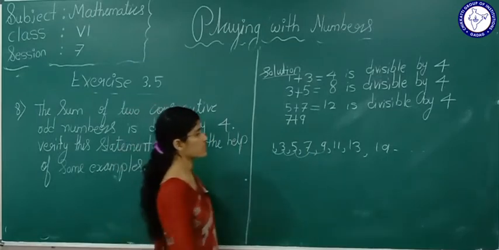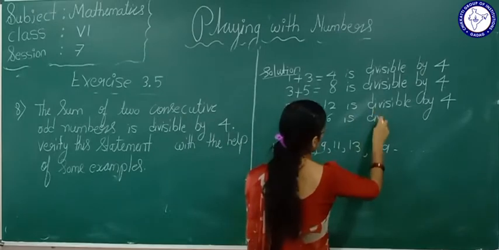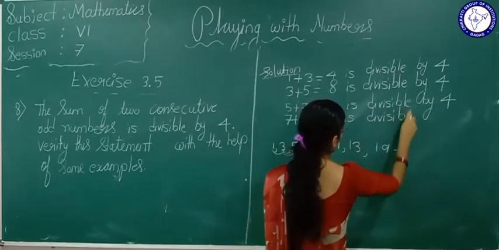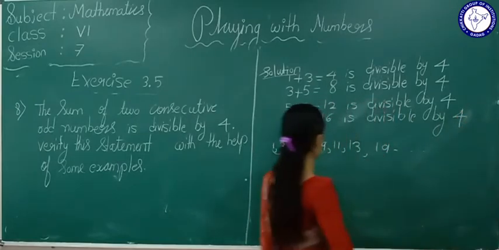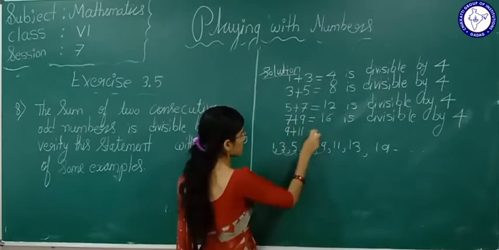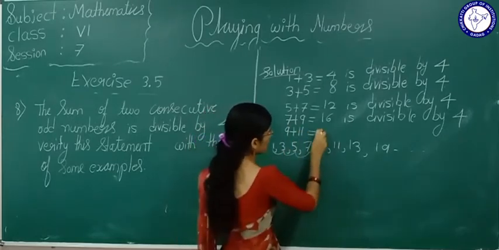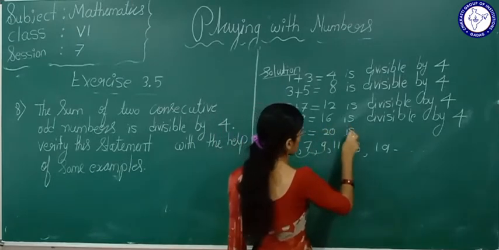Is 16 divisible by 4? Yes. 16 is divisible by 4. Okay. Next, 9 plus 11. 9 plus 11 is 20. Is 20 divisible by 4?